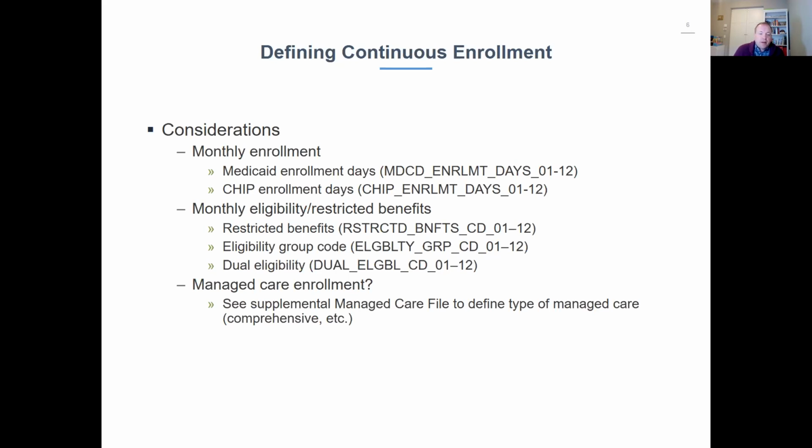And what do you do about managed care? What if somebody moves from fee-for-service to managed care or back? When we say continuous enrollment, we actually need to problematize that and define it carefully, and think about what that's going to do for the analytic sample you end up with, and how closely that aligns with the conclusions you want to make about the overall Medicaid program, or the Medicaid program in a given state, and so on.